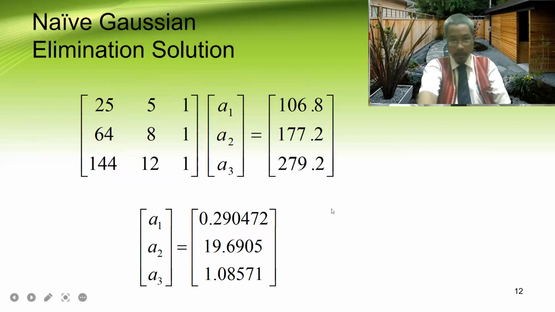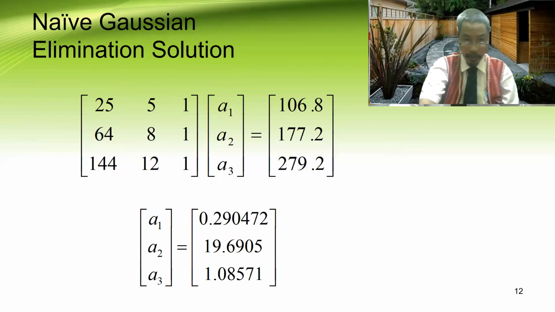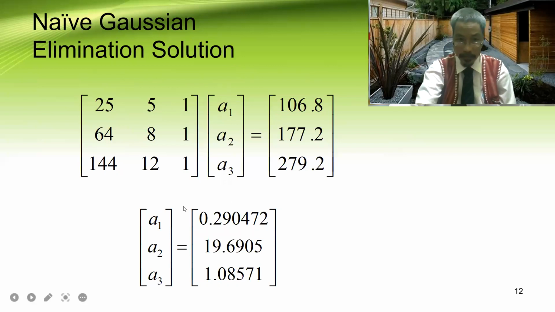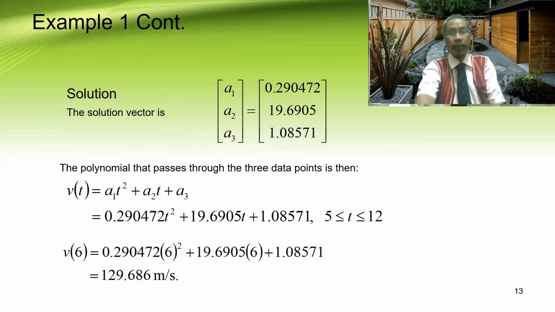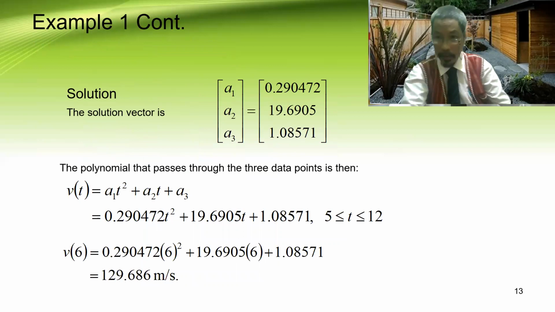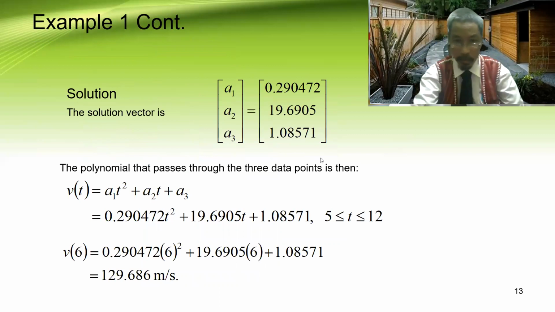So therefore, we can have the following. This is our solution for this matrix. The variable vector A is equal to our answer for A1, A2, and A3. That is our solution vector.